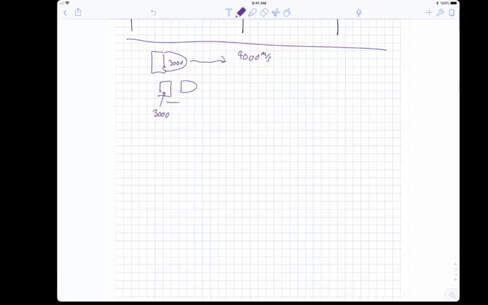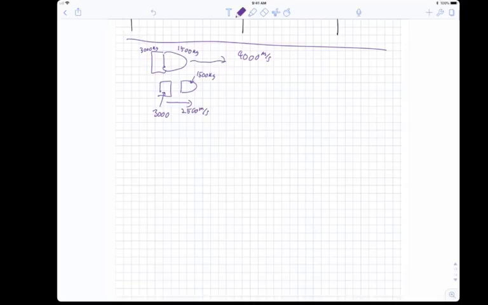And then its velocity afterwards is 2,500 meters per second. So this is 3,000 kilograms, and this part is 1,500 kilograms. Okay. How fast and what direction is the first stage?